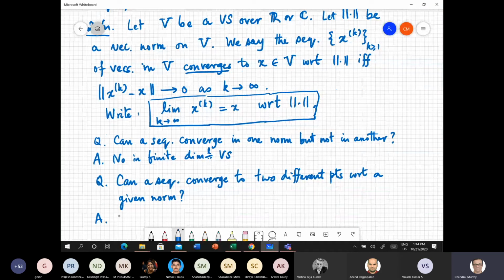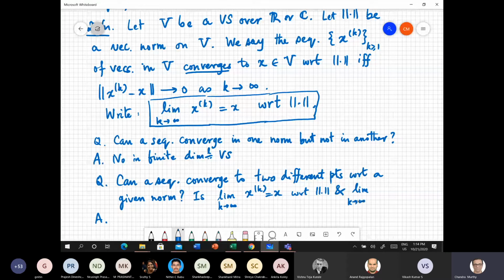So the answer is no. So that is, is limit k tends to infinity xk equal to x and limit k tends to infinity xk equal to y with respect to the same norm possible?